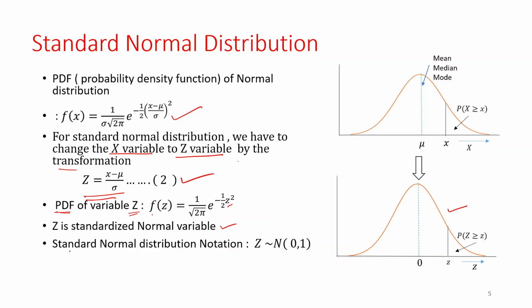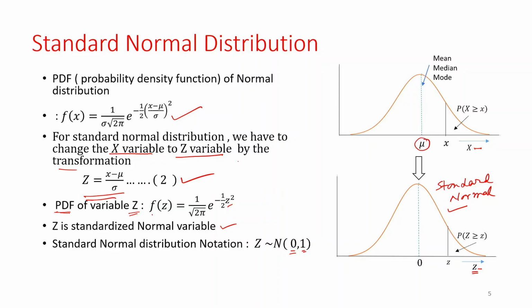So, all standard normal distributions will have a mean 0 and standard deviation 1. So, this is the normal distribution. This one is standard normal. As you change it, the x variable changes to the z variable.